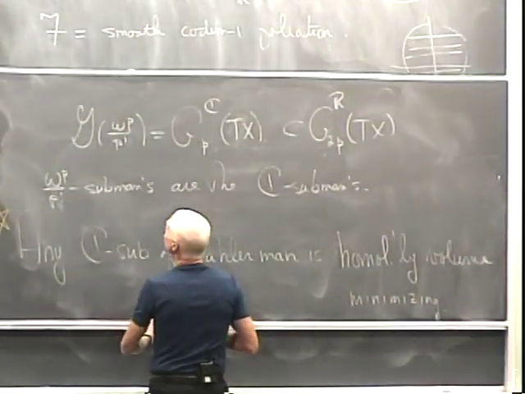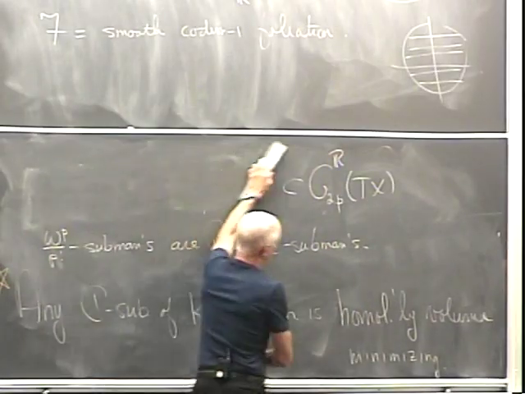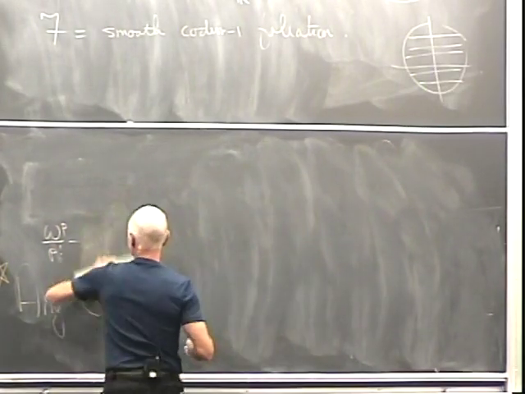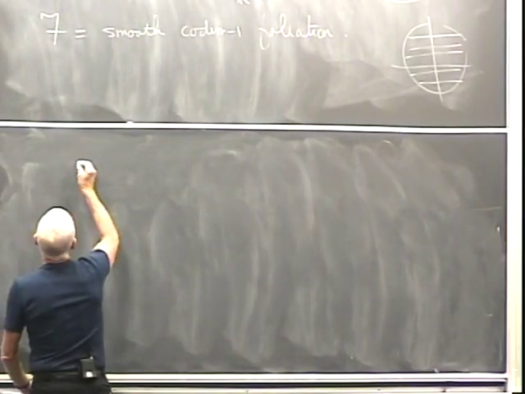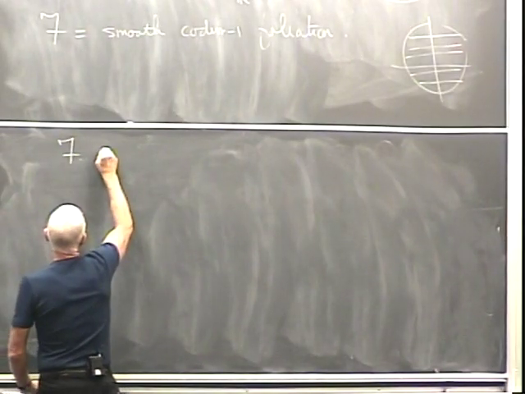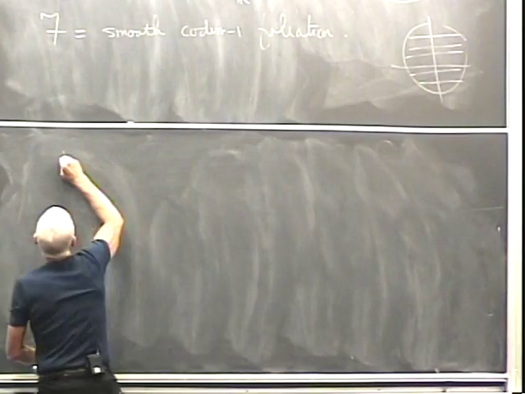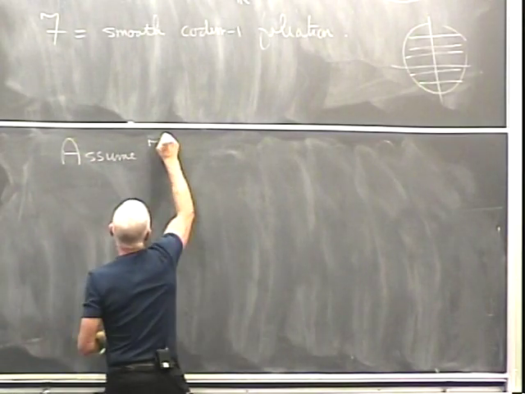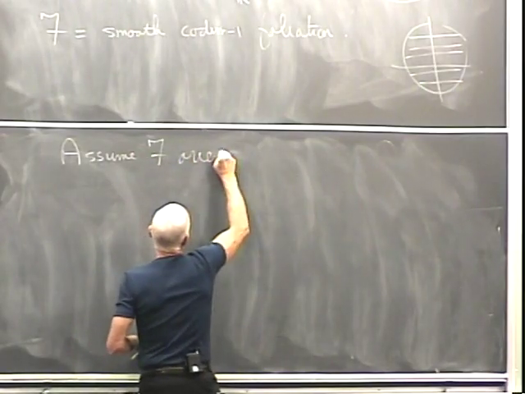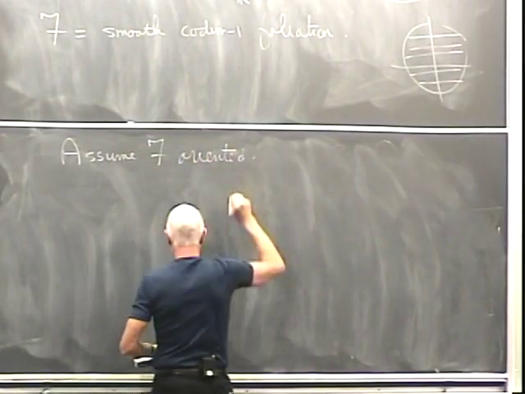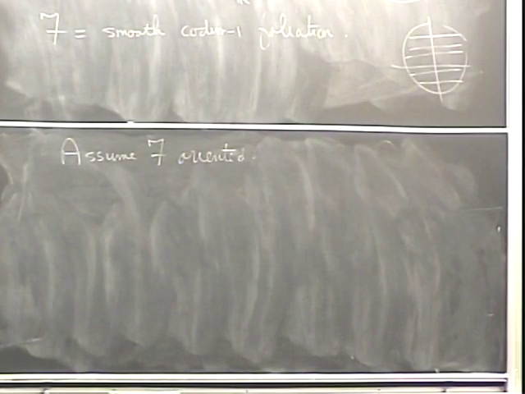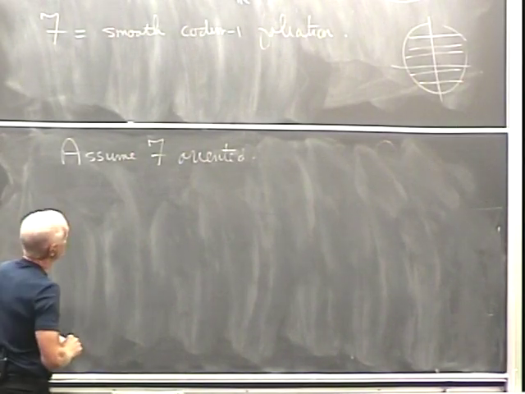And I'm going to assume that the foliation is oriented. So assume F oriented. Oriented means it's orientable. Well, the tangent planes to the leaves are orientable, and I've chosen an orientation globally over the manifold.